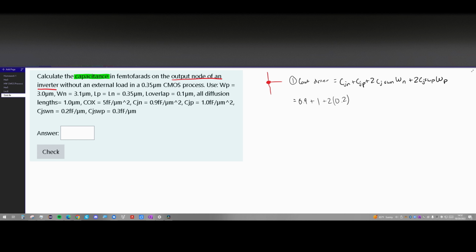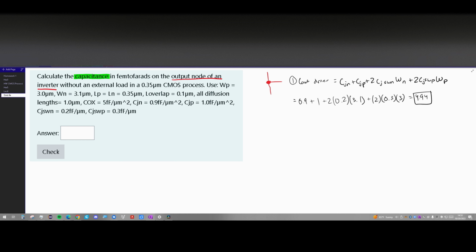Because we're dealing with Wn, we have 3.1, so we do times 3.1, plus 2 times our Cjswp, which is 0.3, and then our Wp, which is just 3. So this is going to be our entire problem. Plugging into a calculator, we get about 4.94.